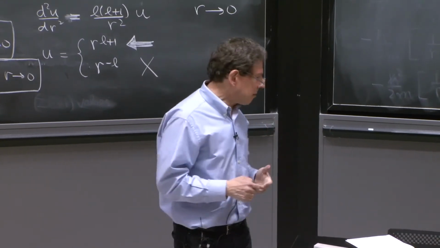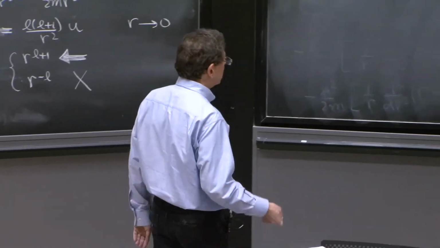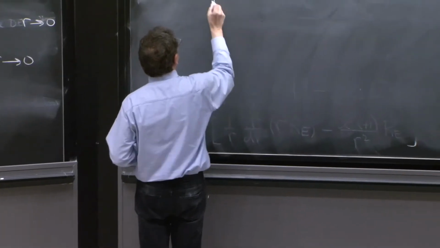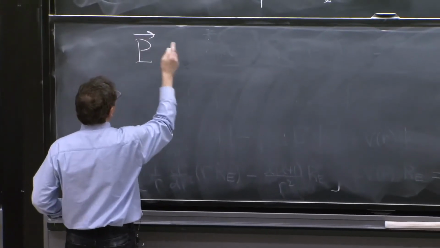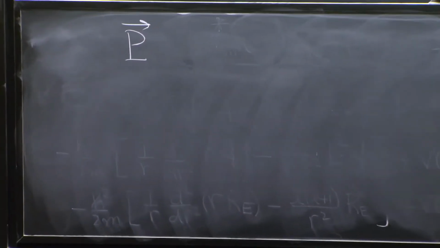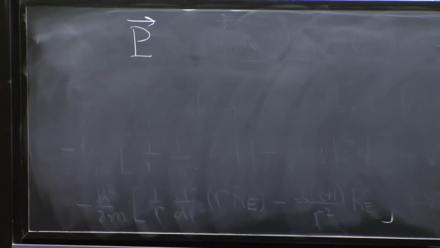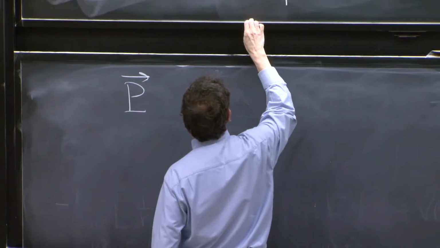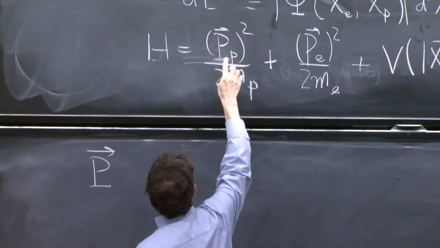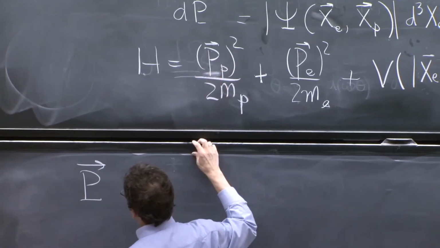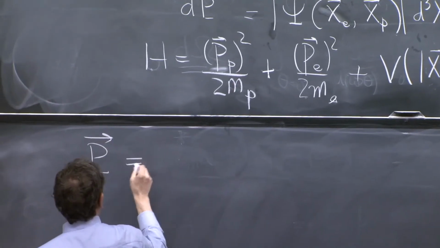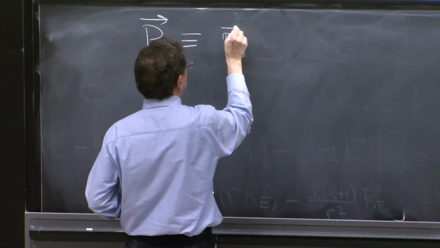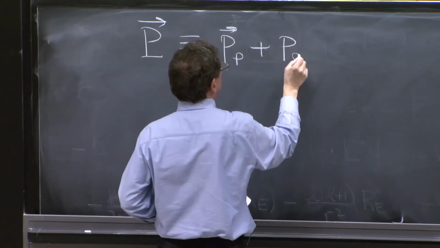And the center of mass momentum is always the sum of the momenta, so we will define a P, a capital P. I hope my P's are going to be always clear. They're not supposed to have, before this one, the little bar below. This is the total P, and it's going to be defined as the momentum of the proton plus the momentum of the electron.